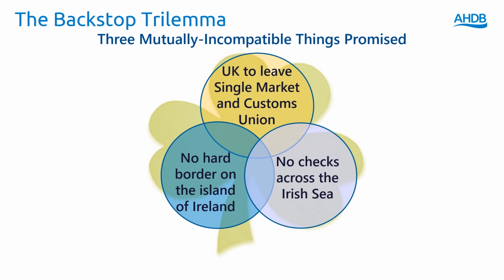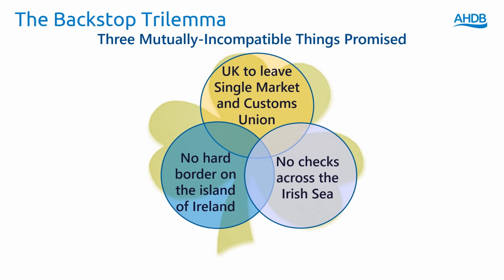At the same time, guarantees have also been given in the context of Northern Ireland to GB trade that there would be no checks on trade across the Irish Sea, because of course Northern Ireland is part of the UK. And in addition to that, an additional promise has been made by both the UK and the EU in the Brexit negotiations that there would be no hard border on the island of Ireland as a result of Brexit.